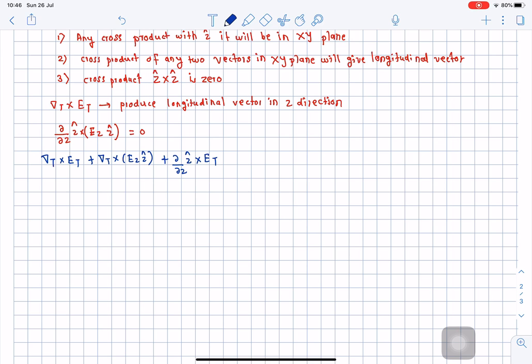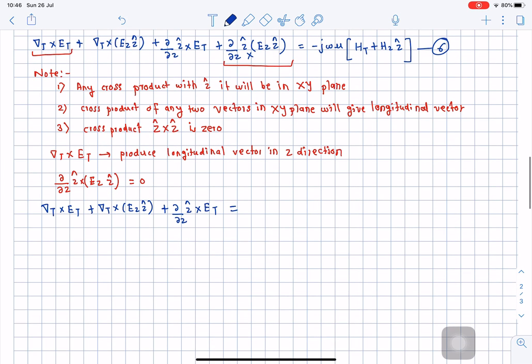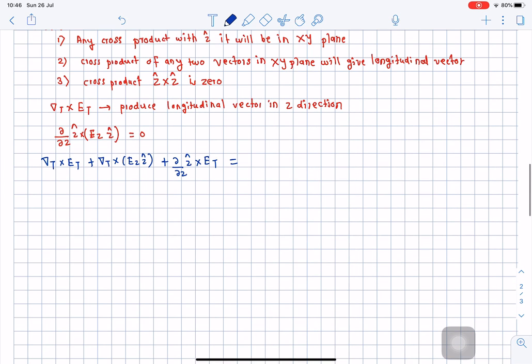The fourth term will become 0. On the right hand side of equation 6, we take individual multiplication with the outer term minus j omega mu: minus j omega mu H t, and minus j omega mu Hz z cap. Let us call this equation number 7.